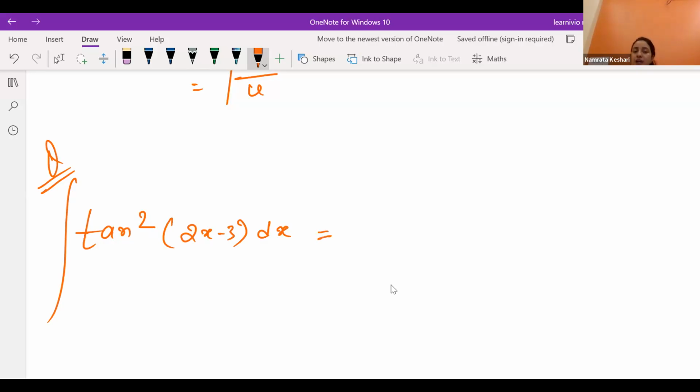At first, tan square is there, so let's convert this tan into sec, because if sec square u is there, we know what the integration of that will be. But do we know about tan square? No, right? No. Okay, so is it possible to convert it into sec?